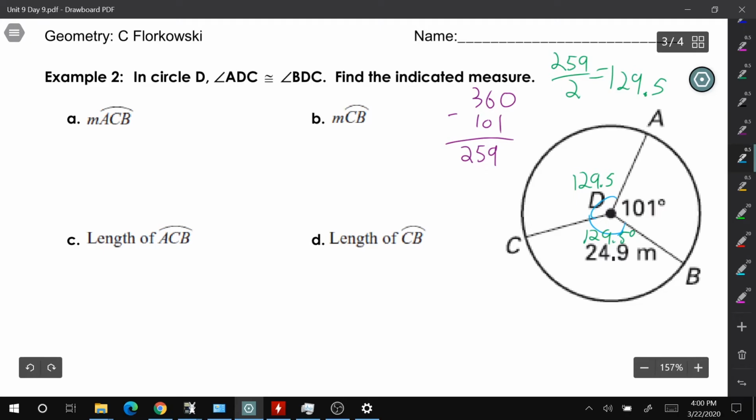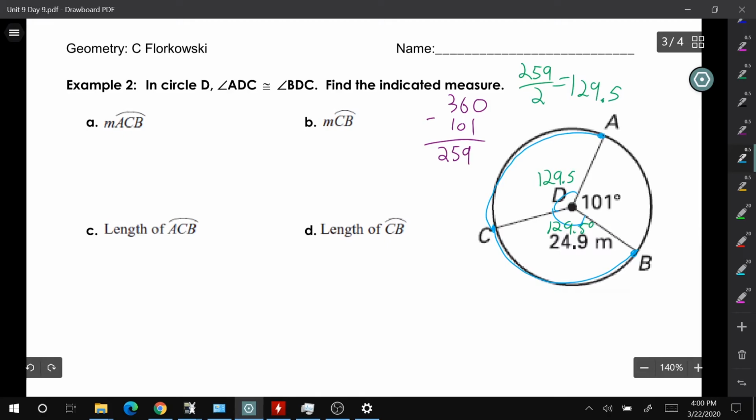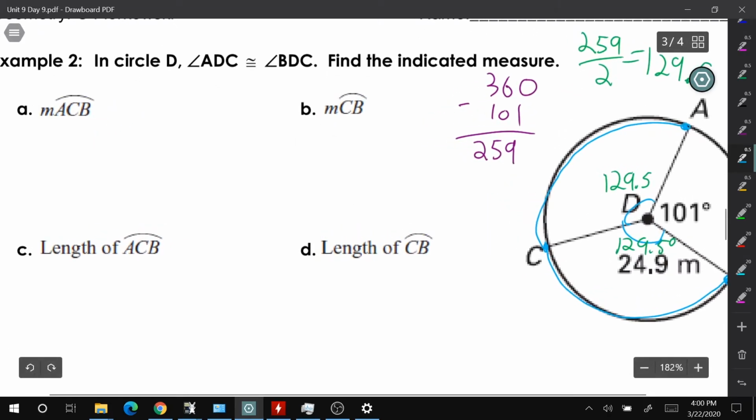So now what we're going to do is find the arc measure of ACB. That's talking about going from A to C to B. We're not trying to find the length, we're trying to find the arc measure. So we want to find what these two angles add up to. Well, we've already done that right here, 259.